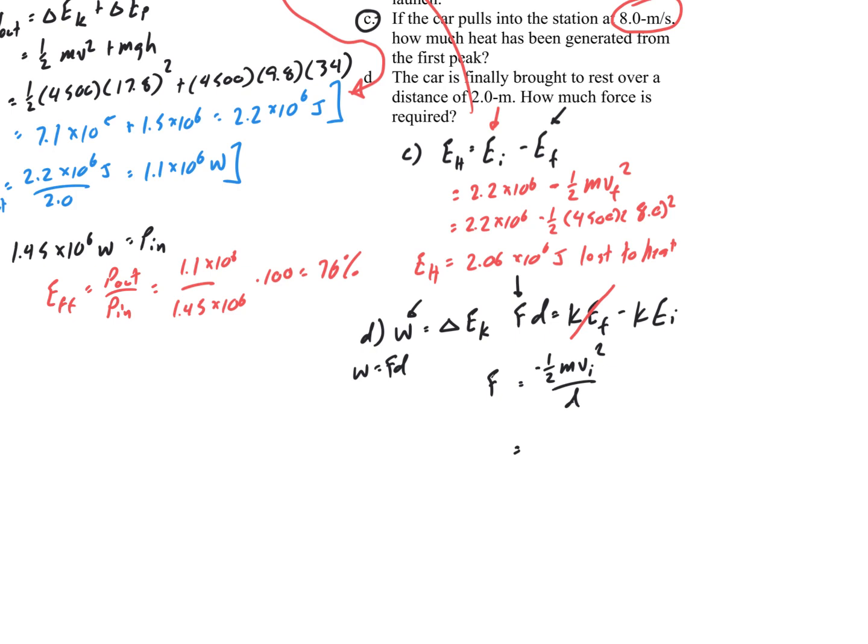So I have the negative 1/2, the mass is 4,500. The initial velocity as it's rolling in is about 8 meters per second. We're dividing the distance of 2 meters. So when I crunch my numbers, I get a force of 7.2 times 10 to the 4th newtons.